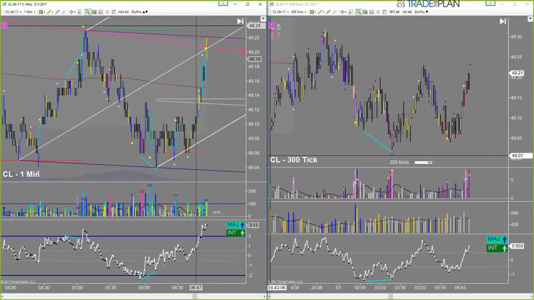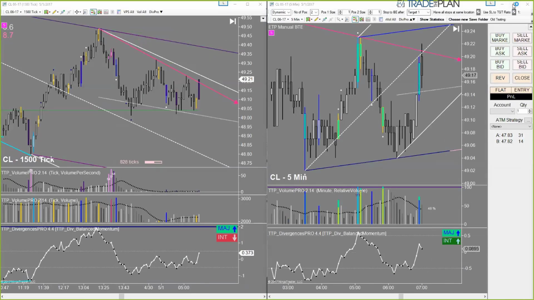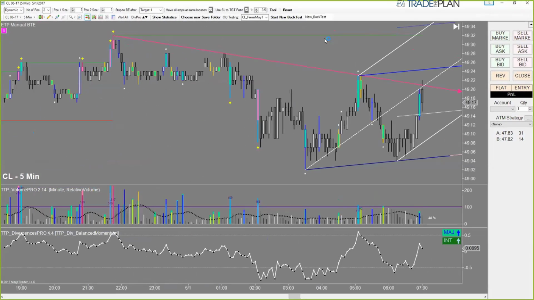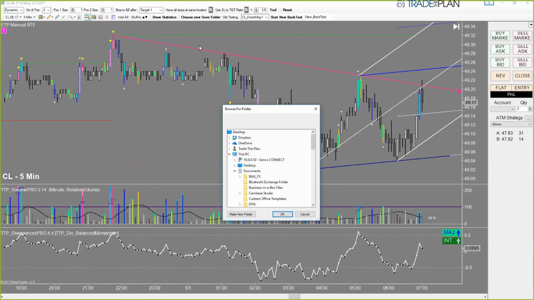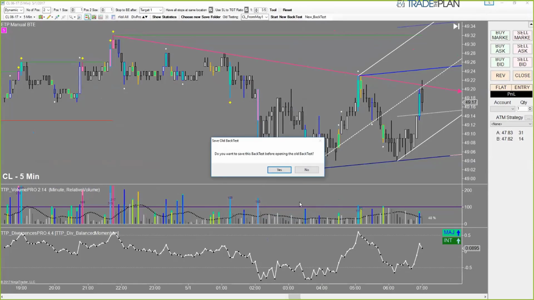So let's go back to the 5-minute. Blow this up. I'm going to go ahead and start a new backtest. You can set this thing up however you want. I'm going to set it up to save this backtest into my CL folder that I've created here for testing the crude oil. Yes.